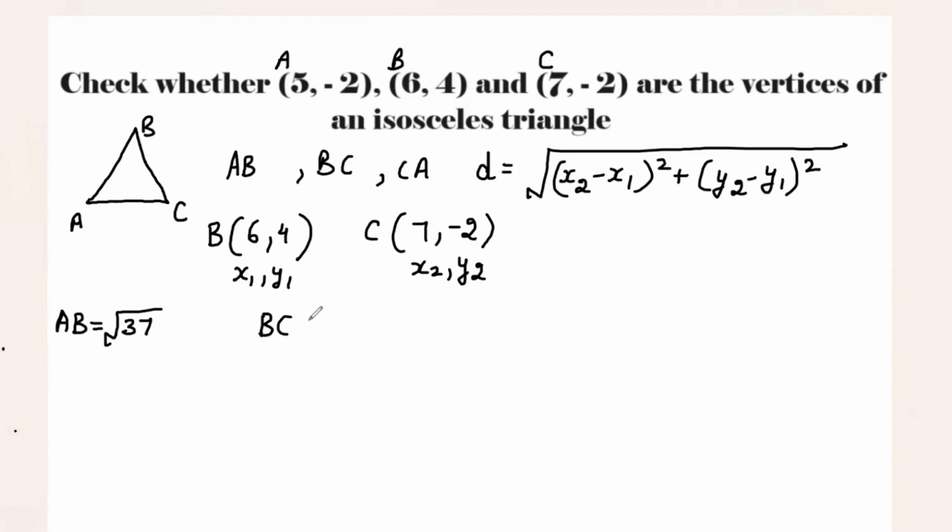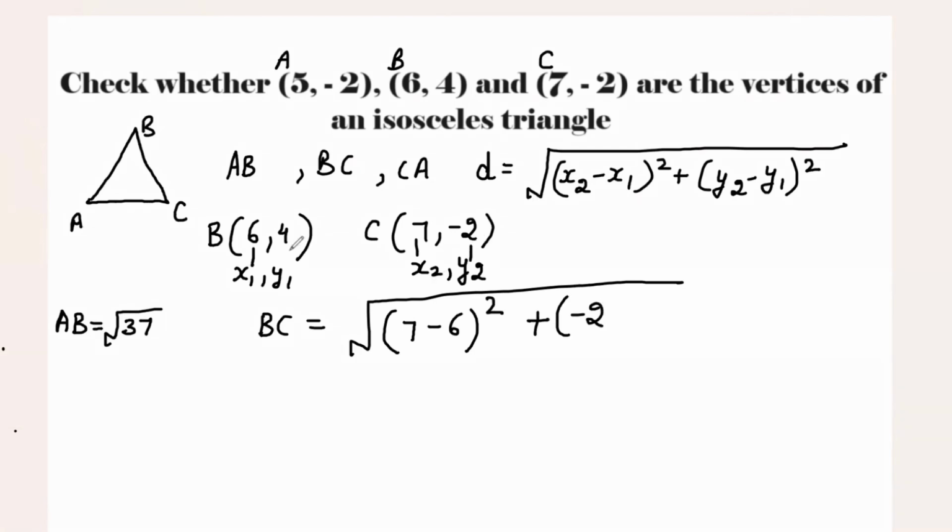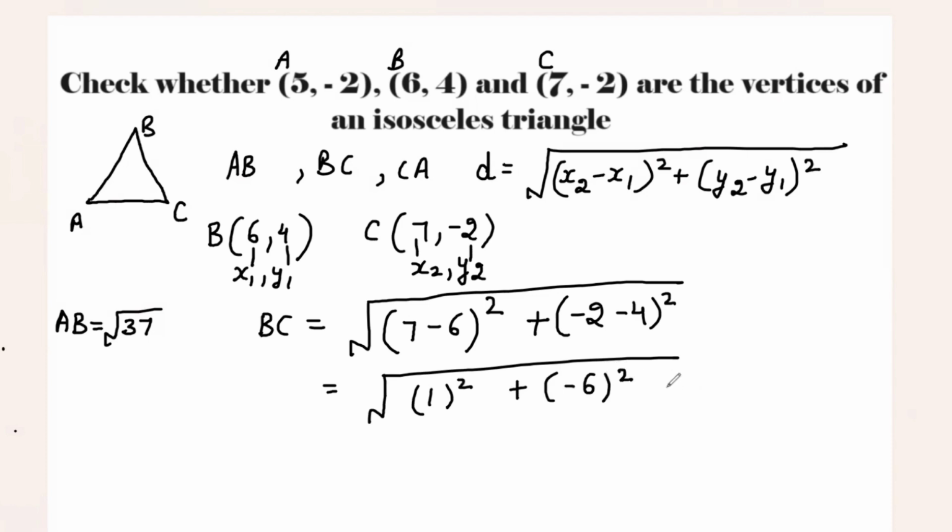So we'll get BC equals square root of x2 is 7 minus x1 is 6 whole square plus y2 is minus 2 and y1 is 4, minus 4 whole square, which equals 7 minus 6 is 1 square plus minus 2 minus 4 means minus 6 whole square, which equals 1 square means 1, negative 6 square means 36, which equals root 37.